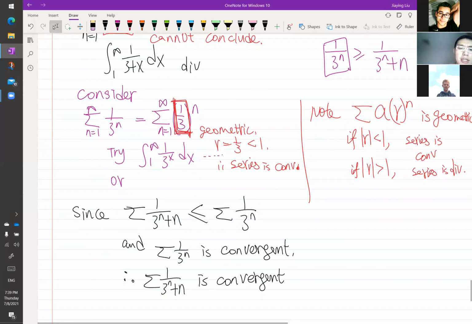And obviously we had a 10 earlier, so 10 times this, or 10/3 to the n plus n, is convergent.